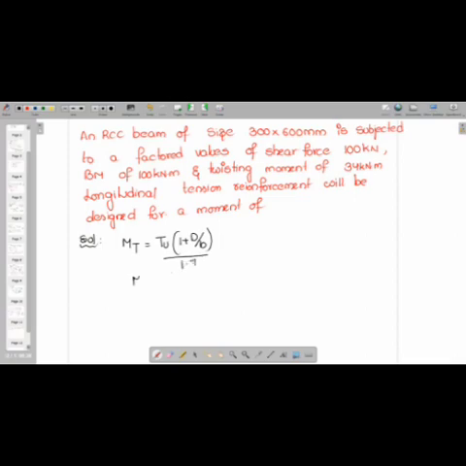So here the equivalent moment due to torsion is equal to, what is the twisting moment? 34 into (1 + 600/300) upon 1.7. So this is 20. 20 into 4 is how much, sir? 80 kilonewton meter or not?